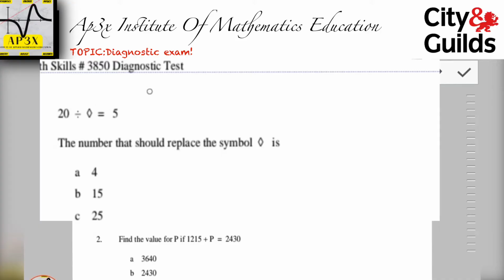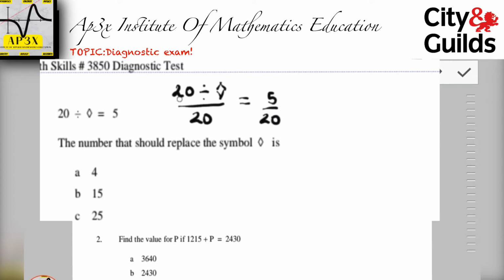But how to actually do this is, since we are dividing 20 by an unknown variable, the opposite operation of division is multiplication. So we'd go ahead and say 20 divided by the diamond, multiplied by the diamond, or divided by 20, is equal to 5 divided by 20.